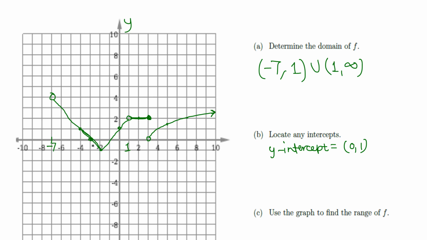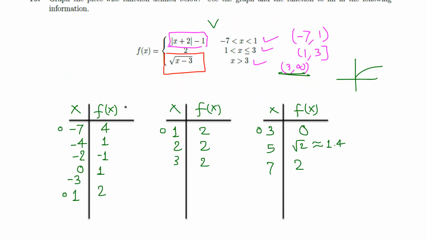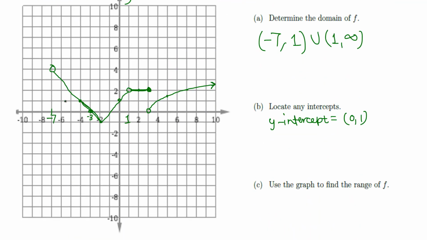We can check. In fact, this is -3. At -3, the graph value will be 0. If we plug in -3: -3 plus 2 is -1, absolute value of -1 is 1, 1 minus 1 is 0. So (-3, 0) in fact. If you had drawn this straight, you would see this is (-3, 0). That's the x-intercept.